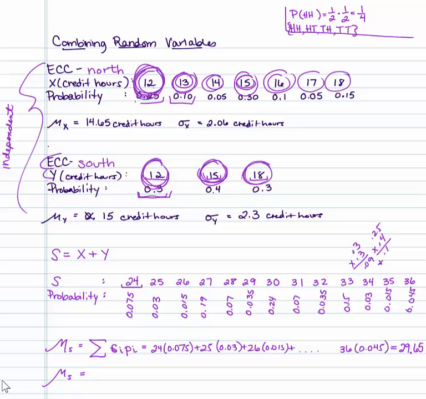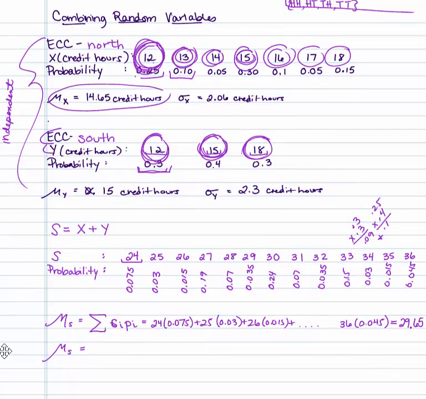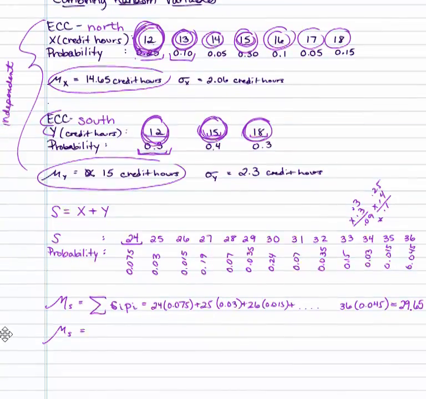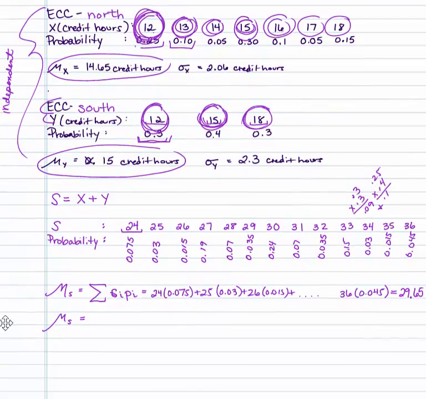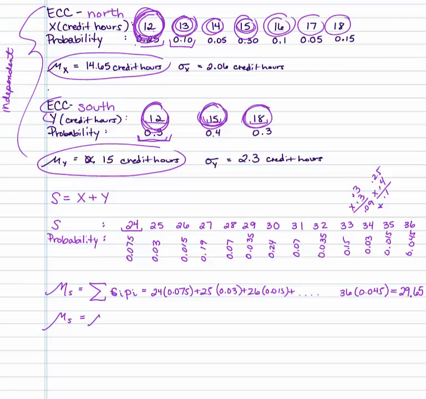Take a look at what the means of the other ones were independently. The mean of X and the mean of Y, 14.65 and 15. The mean of S would really be just the combination of the X mean and the Y mean, 14.65 and 15.